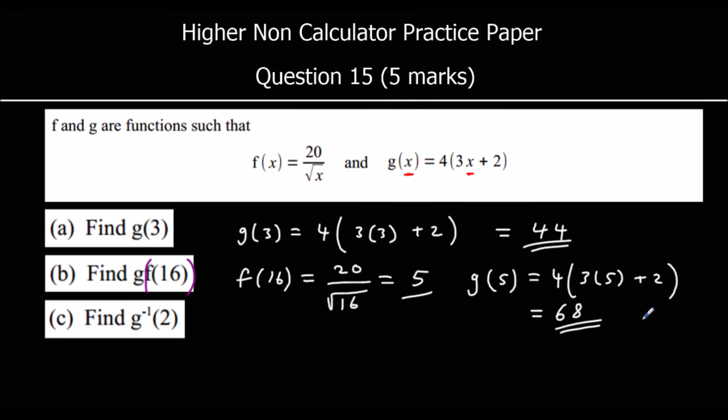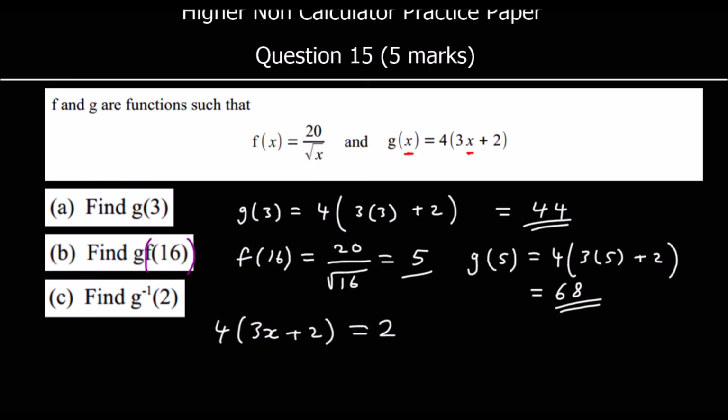And find g minus 1 of 2. So the inverse, you're putting 2 into the inverse function for g. So what does x have to be to get an output of 2? 2 is the output. What is the input? So I can write 4 times 3x plus 2 equals 2, and find out what x has to be to give me an answer of 2.